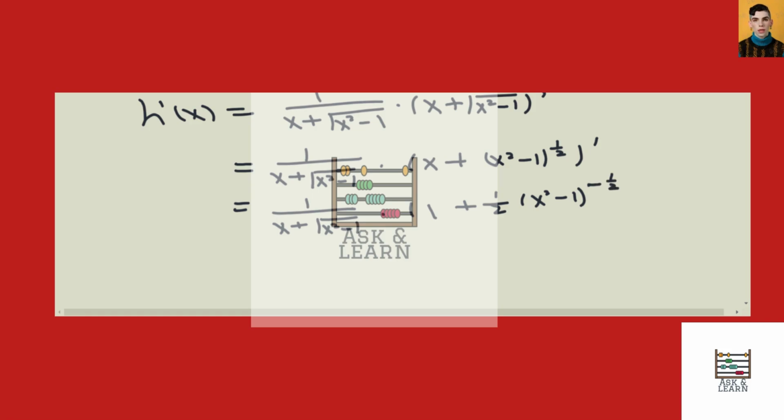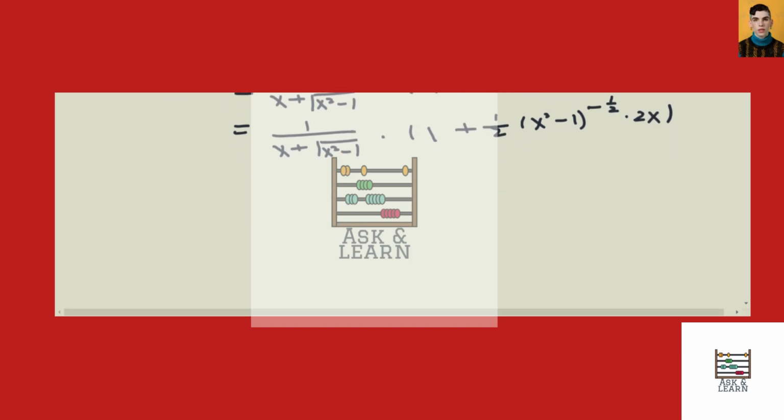Then we have to use the chain rule because this is not a single variable, it's an expression. So we have to find the derivative of x squared minus 1. It's just 2x.